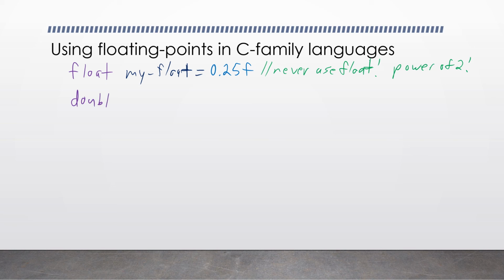So you get a double precision floating point by using the keyword double. Double my double equals 0.123456789.